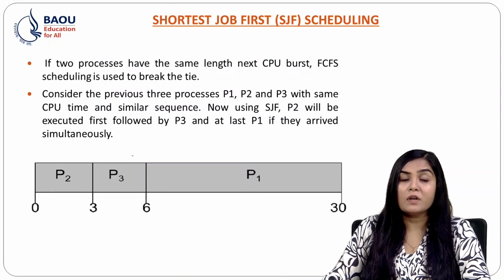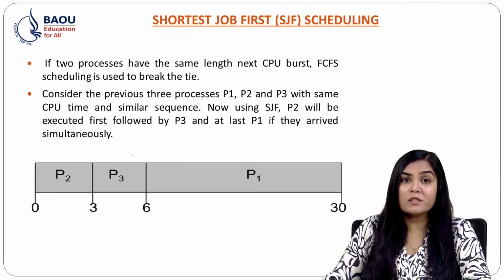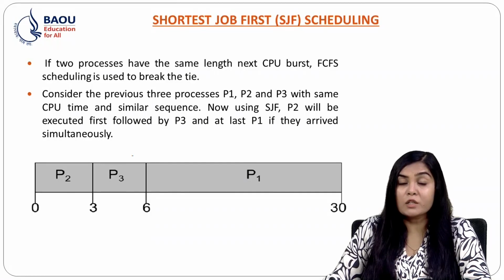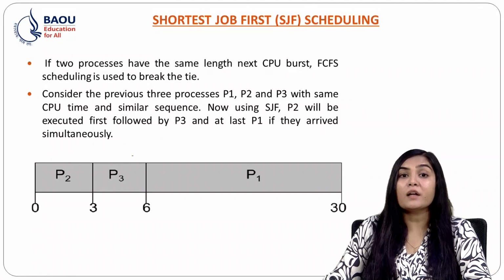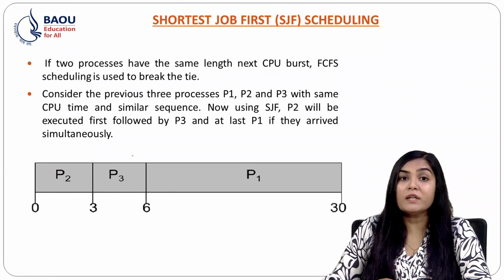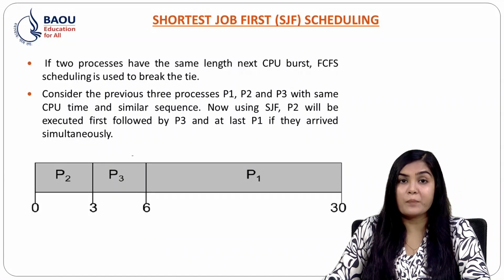Next, shortest remaining time first scheduling is a preemptive variant of the SJF scheduling algorithm, which preempts the currently running job if a newly arriving job has a shorter expected CPU burst time.